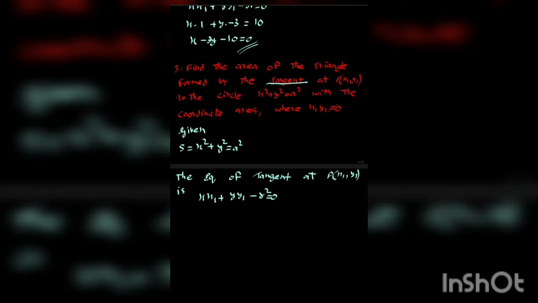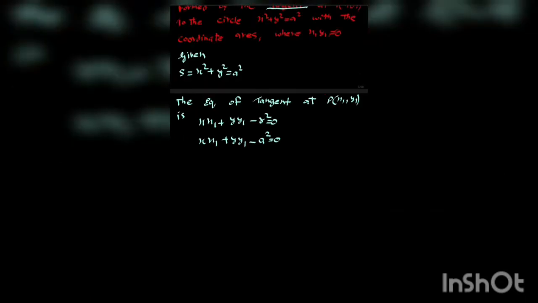So here what is r? It is a. So x x1 plus y y1 minus a square is equal to 0. Consider this as equation 1.